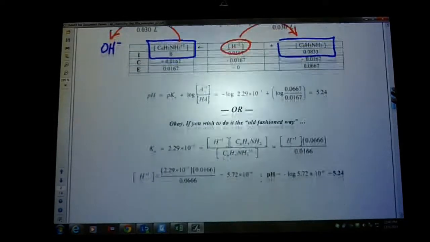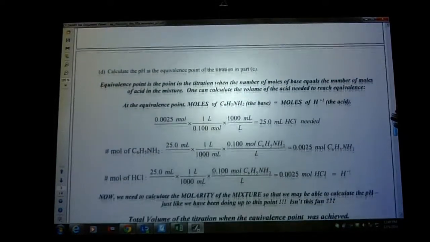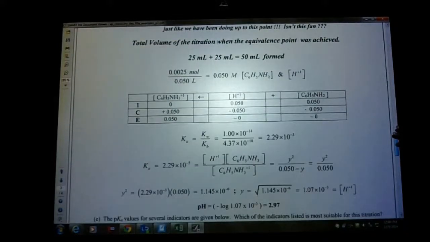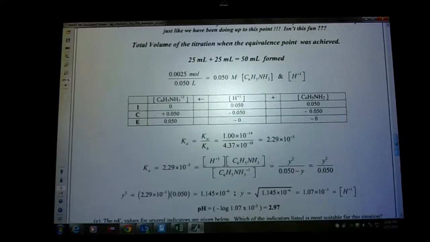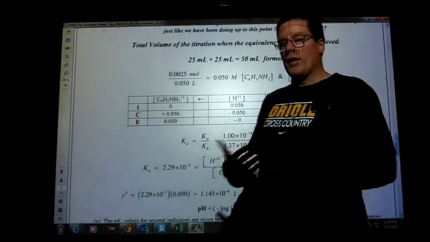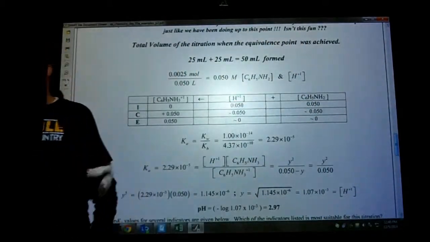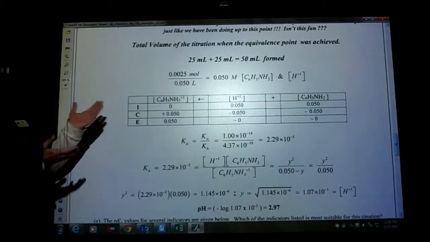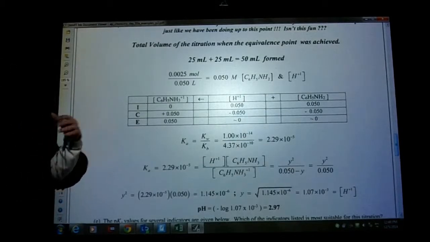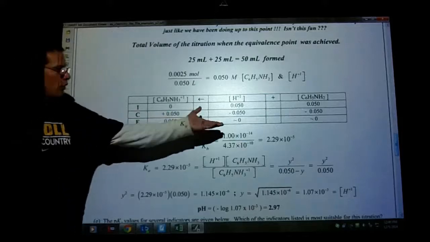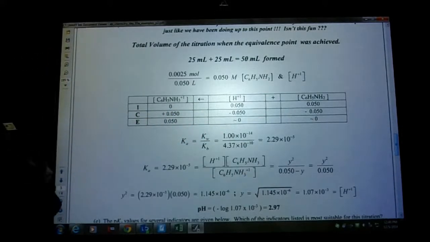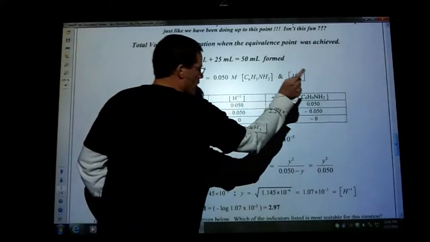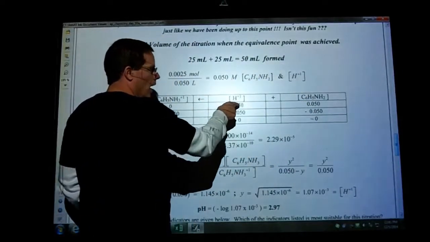No. And then at the equivalence point, is that a buffer? No. The way that you'll know that you're creating a buffer is because you're going to add a salt. Just adding a strong acid or a strong base doesn't make it a buffer. In this case, this is a base and this is handling the hydrogen.